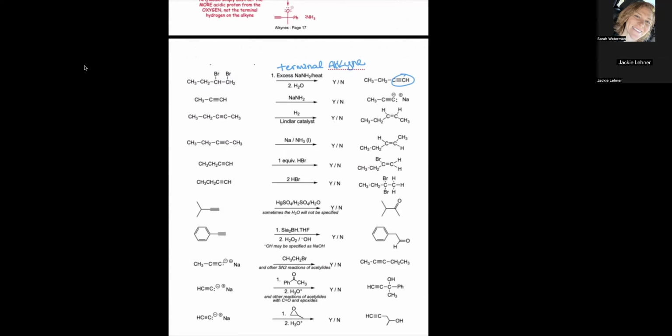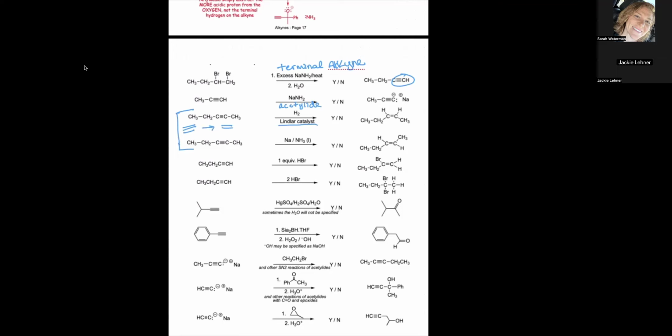And then this is just turning that back into your acetylide, right? This isn't anything crazy. But these two are ways that you go from an alkyne to an alkene, and remember, Lindlar is the key here. You have the Lindlar catalyst where you're going from an alkyne to an alkene.